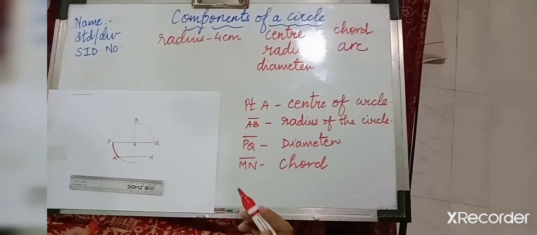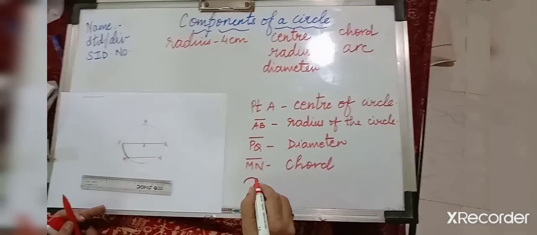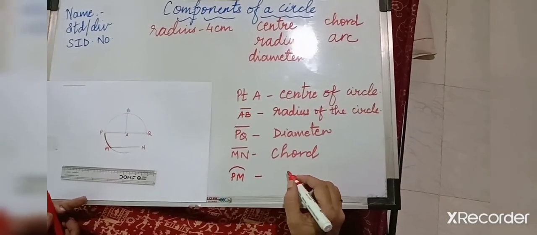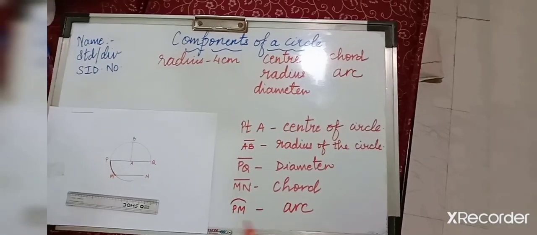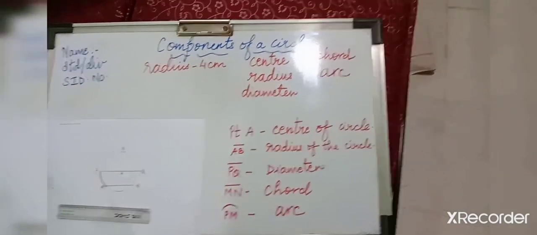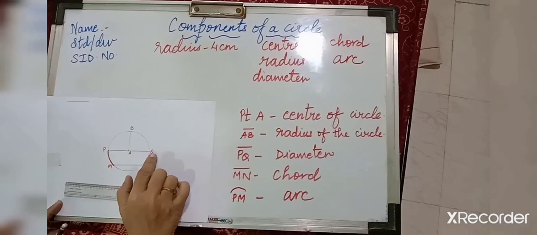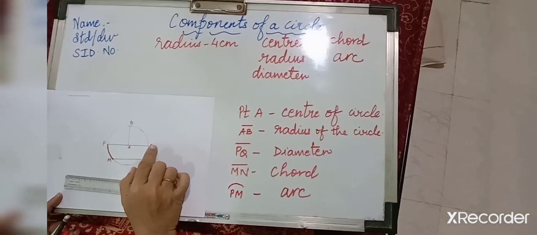So here my arc is written like this, PM is called the arc of the circle.